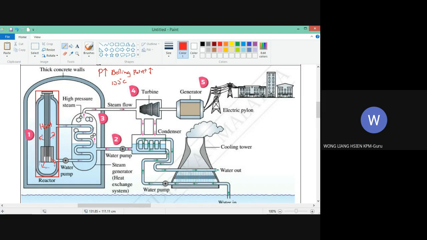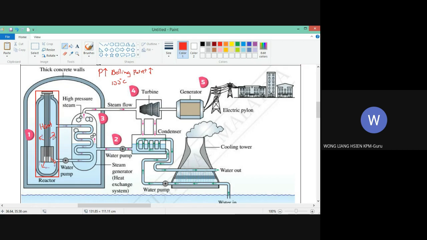The reason is for safety, to reduce the risk of leakage of radioactive substance, because there are chances that the water that goes into the reactor will definitely be contaminated with radioactive substance.